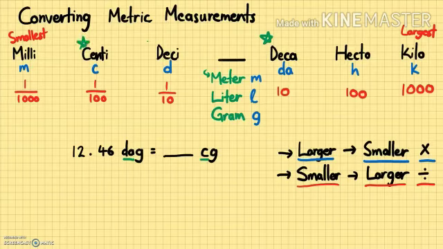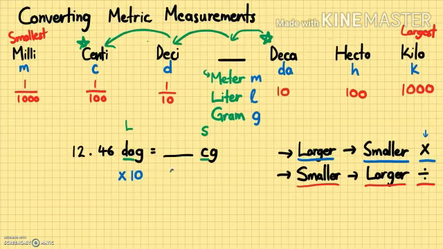So deca is the larger unit and centi is the smaller unit. That means we need to multiply. How many steps do we go from deca to centi? 1, 2, 3. Three times. We have to multiply by 10 three times.